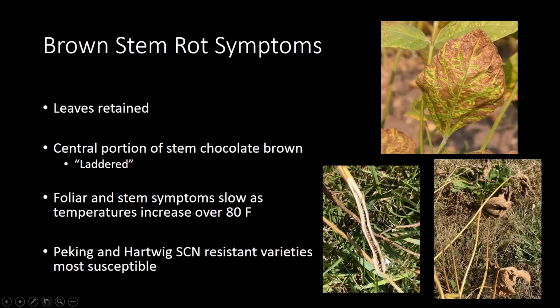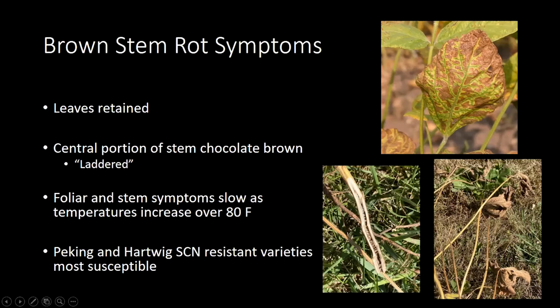Sometimes insects such as Dectes stem borer can cause this sort of symptom as well. With Dectes stem borer, oftentimes you'll find the pupa hanging out in there somewhere, as well as frass, which looks a little more like sawdust, and sometimes some exit holes as well. Oftentimes it's not as widespread as you might see here with our brown stem rot.